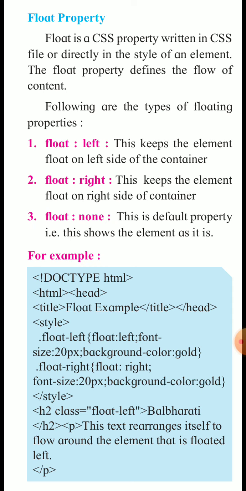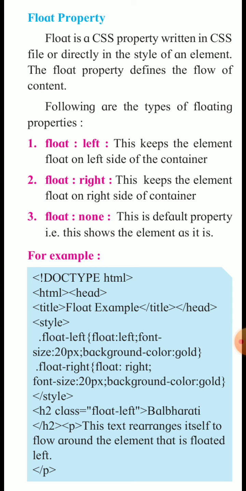It acts the same as alignment, but we can use only left and right values. So float: left keeps the element floating on the left side of the container. Means if you use the float: left property, then whatever element we are assigning will appear at the left side of the container.